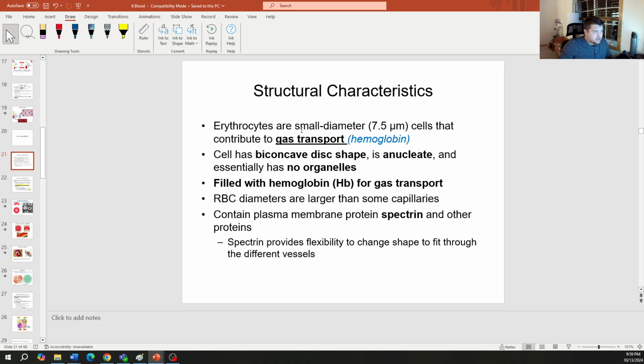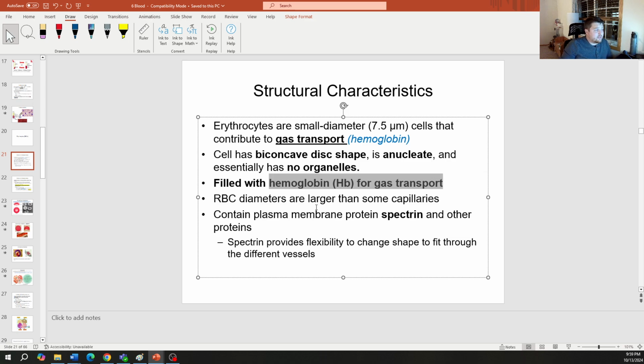So erythrocytes are small, and they contribute to gas transport through hemoglobin. The shape is a biconcave disc shape. It is anucleate. That means it does not have a nucleus and essentially has no organelles. It's filled with hemoglobin for gas transport.